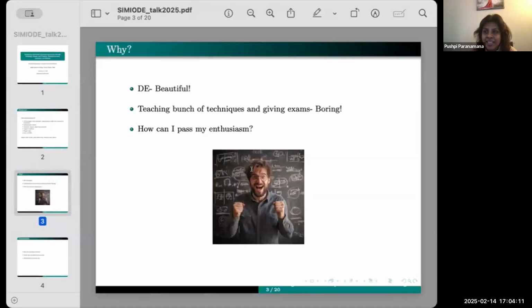They mastered the techniques, they did the homework, final exams were great, they came to office hours. They saw my enthusiasm, but I wanted to show the beauty and the potential that differential equations have. Teaching a bunch of techniques won't just do it.